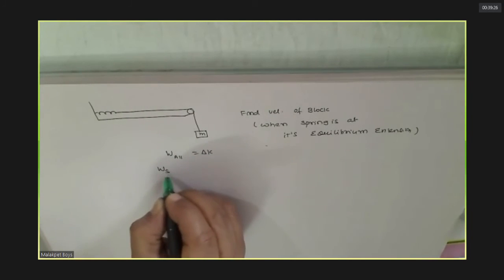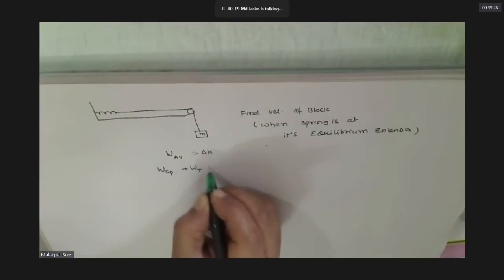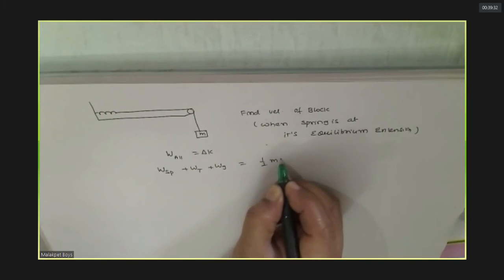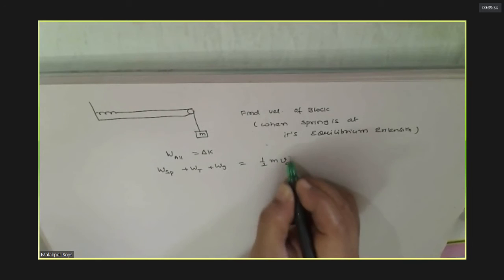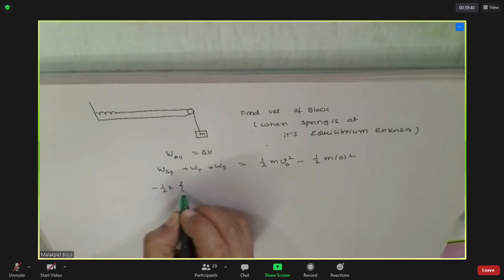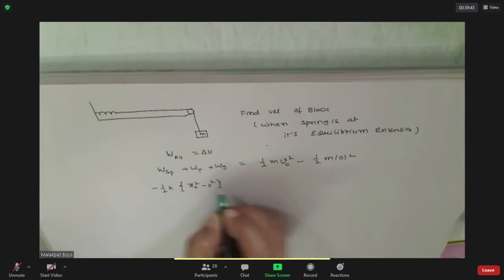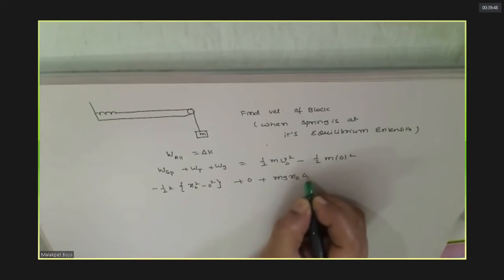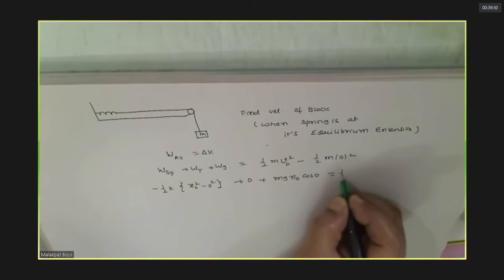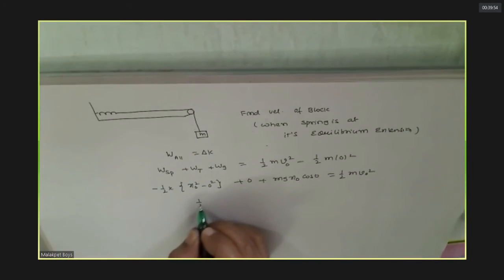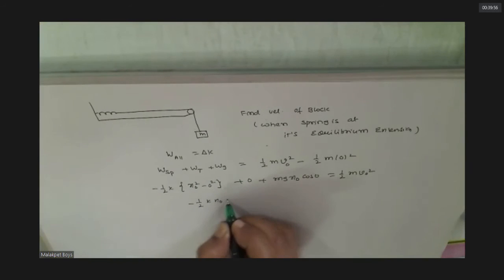Here again, what are the forces? Spring force, tension. Let the velocity be this. Initially the block is at rest. This is x naught, initially no extension. Do you agree with this? Yes, sir.